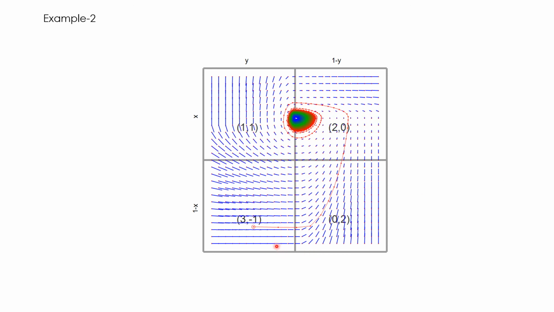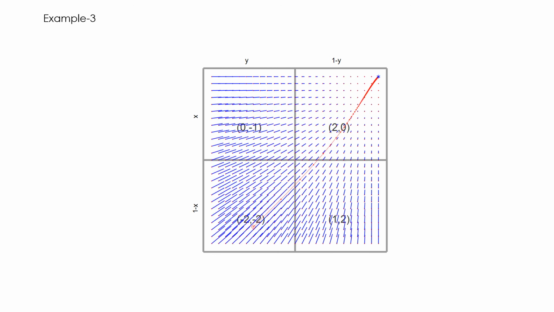So this is example 2, and this is where our trajectory converges to. Somewhere here is the Nash equilibrium. Now, example 3 had a pure Nash equilibrium, and so if we start anywhere, you can see it converges pretty quickly to the Nash equilibrium here.